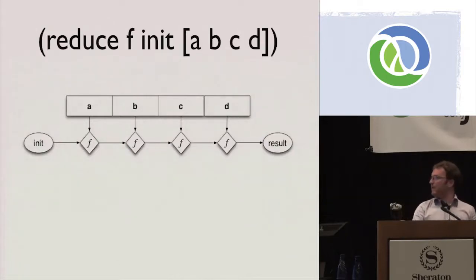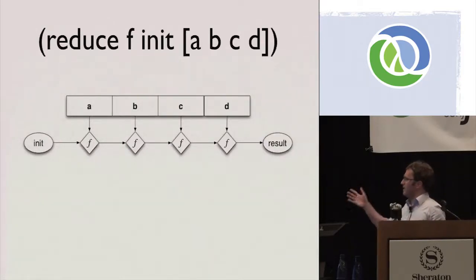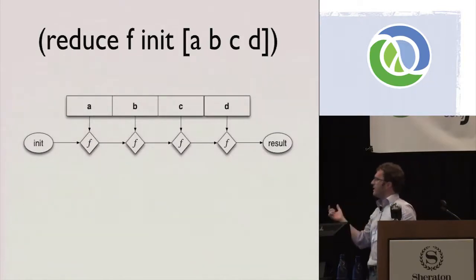So we can picture a reduce like this. There's the initial value, and at each stage there's f, which is combining the current state with one item.